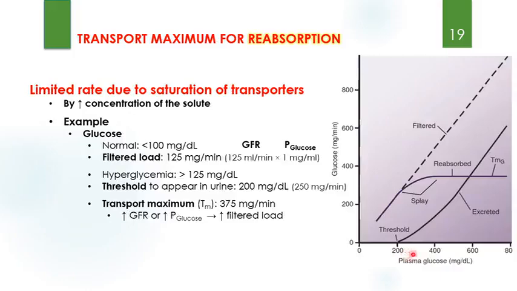By increasing the concentration of plasma glucose, the excretion rate of glucose will increase, and after a given point, for example 375 milligrams per minute, the plateau will be reached because it is the highest capacity of the transporters to transport glucose per minute.